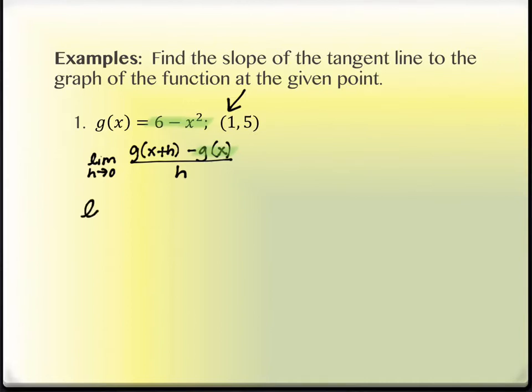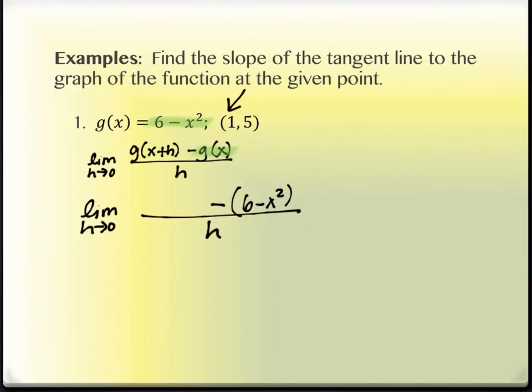So I've got the limit as h goes to 0. We'll fill in the first part in a minute, but the g of x is 6 minus x squared, and h is just h. So those pieces you can plug in automatically without doing any work at all. They just go in straight away, right? The 6 minus x squared in this case, the h stays the same in the denominator. The first piece, however, we need to replace the x with x plus h.